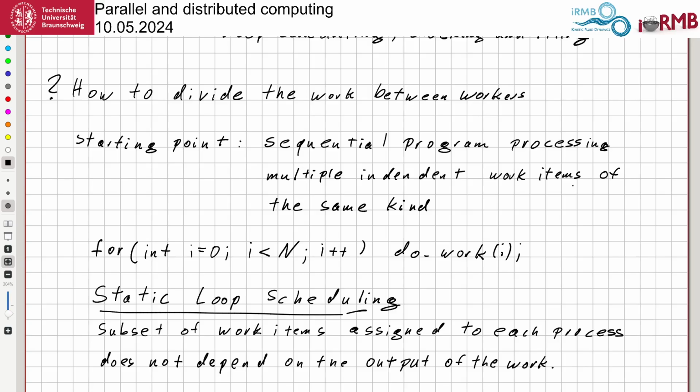Which means that without the work having been done, it is decided who does what. If you do it like this, there is no way back if some part of the work turns out to be much more difficult than another part.